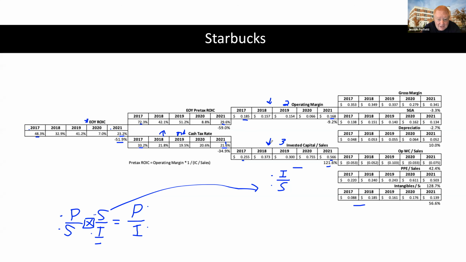The combined lowering of both from an ROIC standpoint hurt the pre-tax ROIC. But the one that hurt it more was the doubling of the invested capital to sales. That had a far bigger impact on the reduction of pre-tax ROIC from Starbucks going from 72 to 29.6. That is what we would call the first level drivers. Questions about the first level drivers?